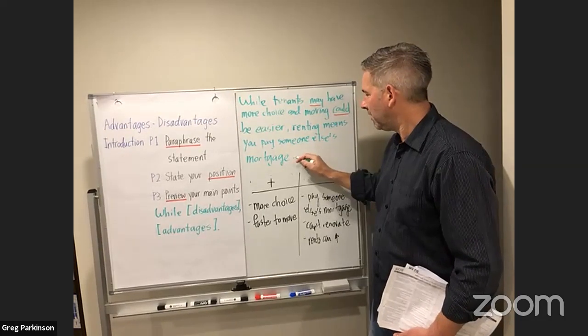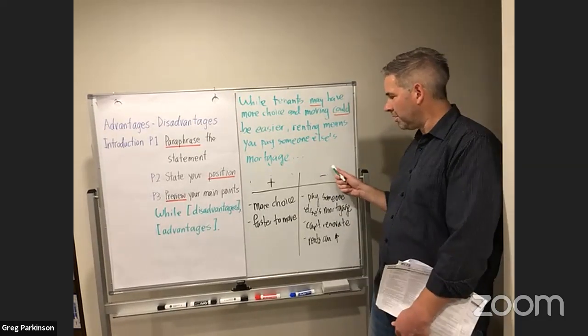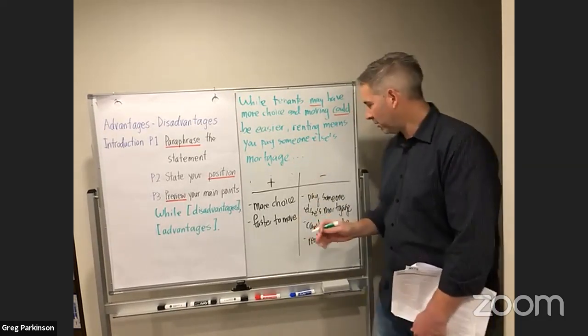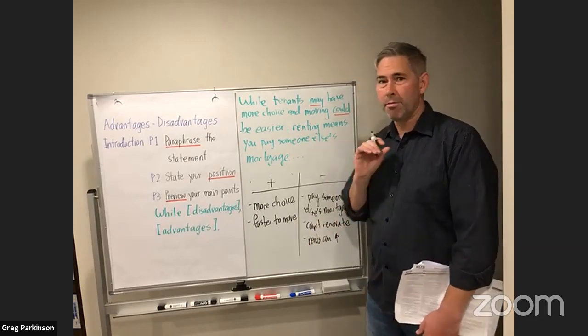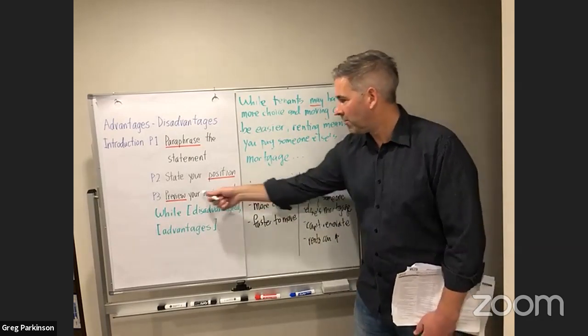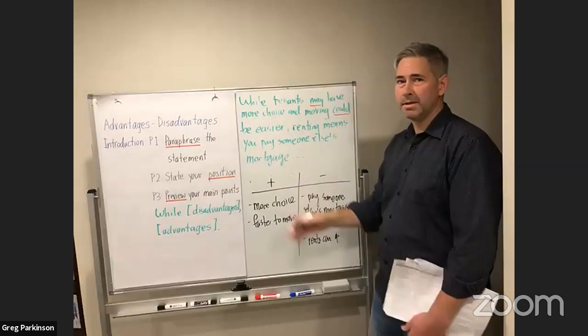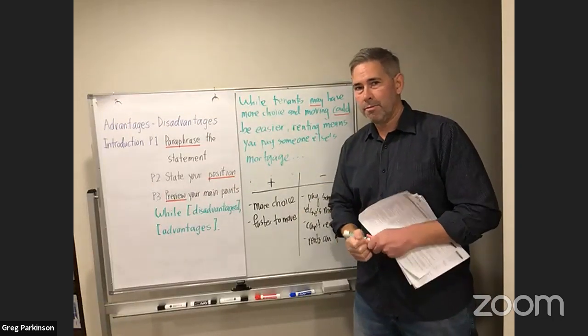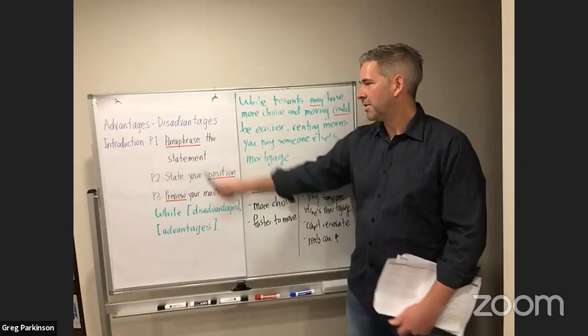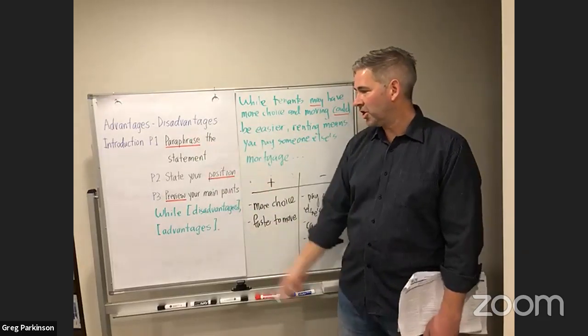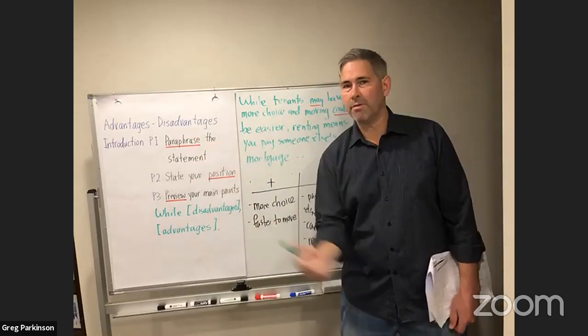And I'm just going to leave that there because I'm sure you can guess what I would do is I would just work those main points of my preview into this one sentence, right? So always think you're just going to paraphrase and then you're going to have a position and a preview in every introduction.